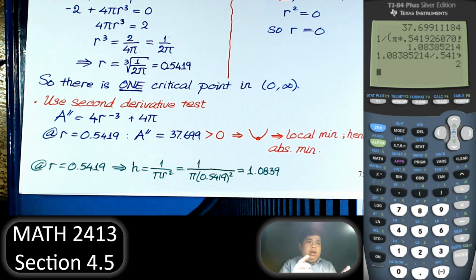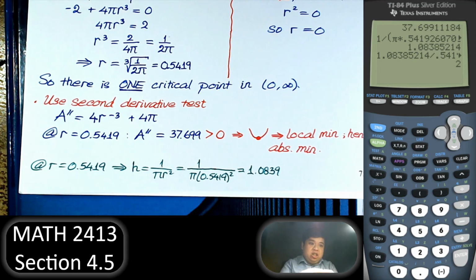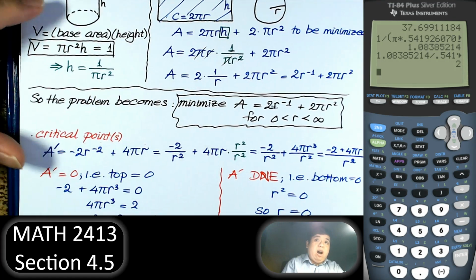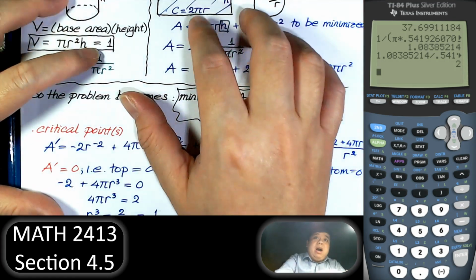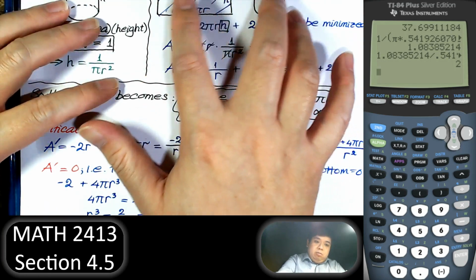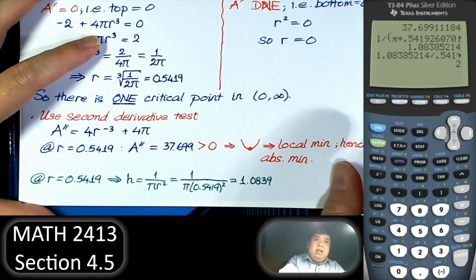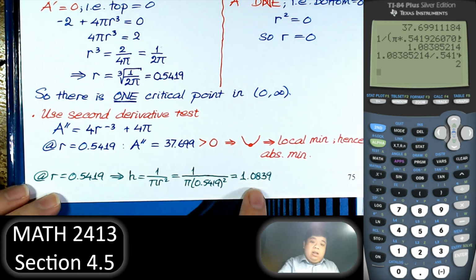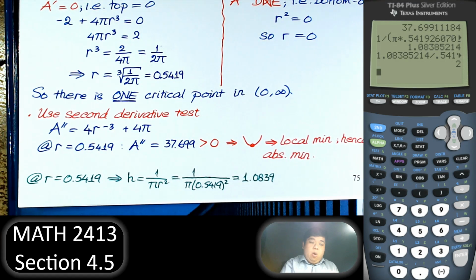So in general, if we want to minimize the surface area of any cylindrical shape of a constant volume, in order to minimize the material, we're going to construct the can so that the height is twice the radius, or the height is the same as the diameter.